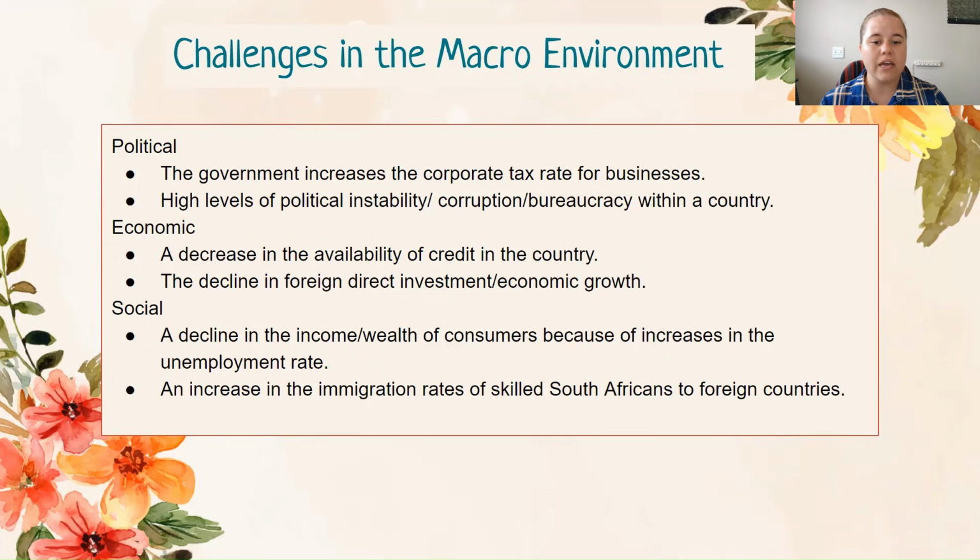The decline in foreign direct investment, economic growth. And in social, there is a decline in the income wealth of consumers because of the increase in the unemployment rate. An increase in the immigration rate of skilled South Africans to foreign countries. So South Africans who have the skills are immigrating to other countries.